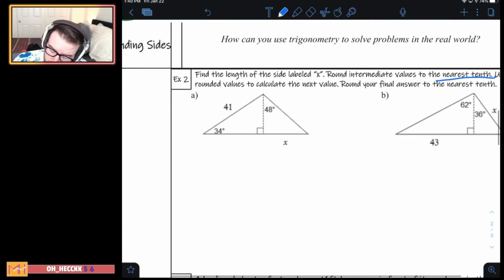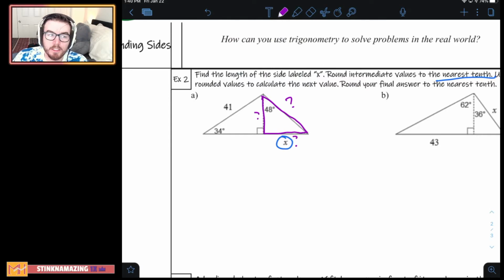So, do we have enough information to solve for X? Well, if you just look at this triangle, we don't know anything about that triangle. There is not enough information when I look at that purple triangle.